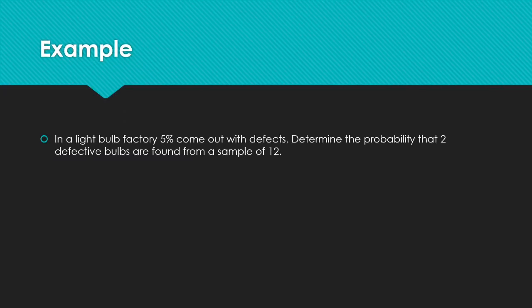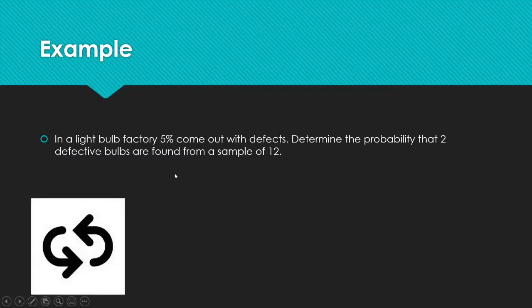Well, the first thing we have to do is to identify if it is a binomial distribution. It must accomplish the first condition, and we can see that it is an experiment in which they are going to look for the bulbs 12 times. Therefore, it is an experiment which will be repeated 12 times in the same way.